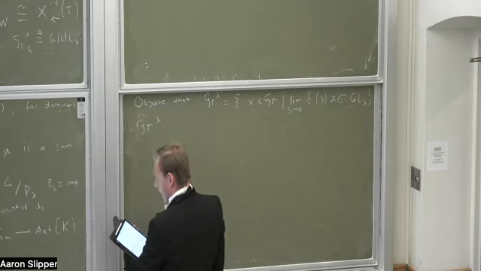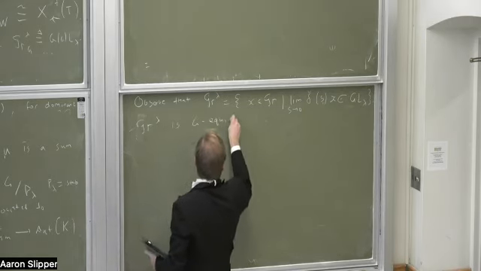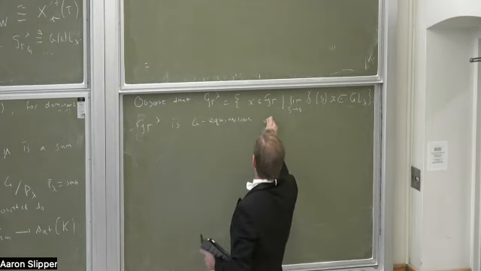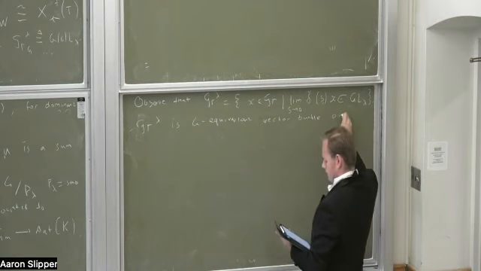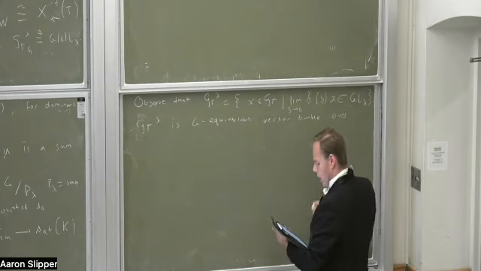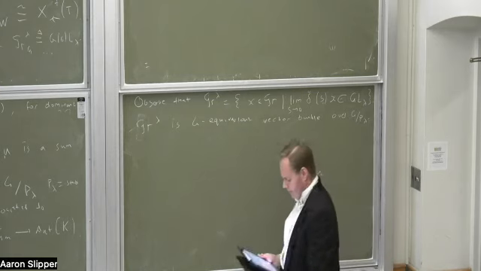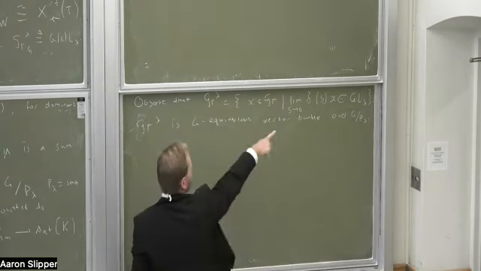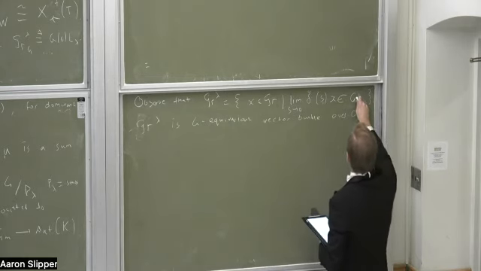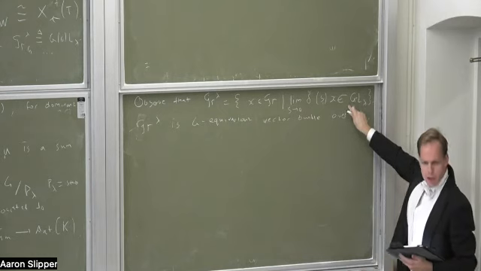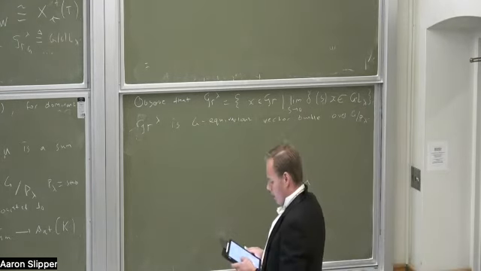Gr lambda is a G equivariant vector bundle over G mod P lambda, thought of as this orbit G times L lambda, C points of G acting on the point L lambda.